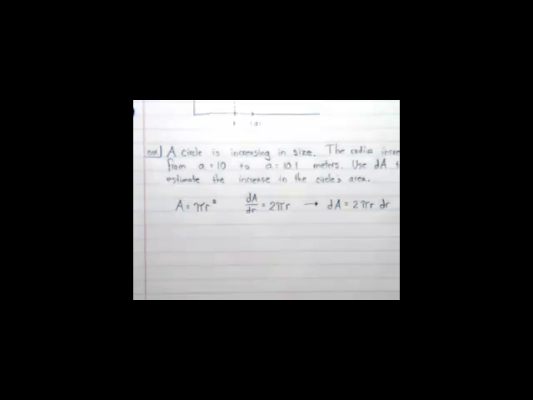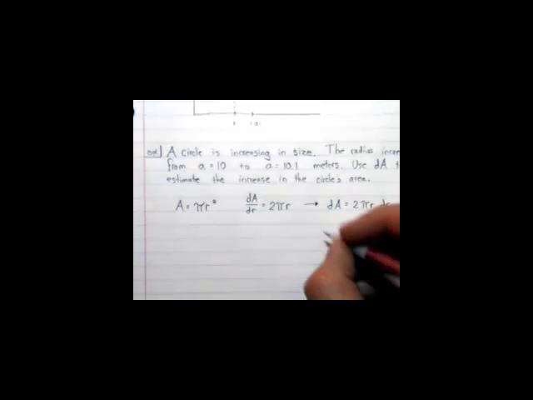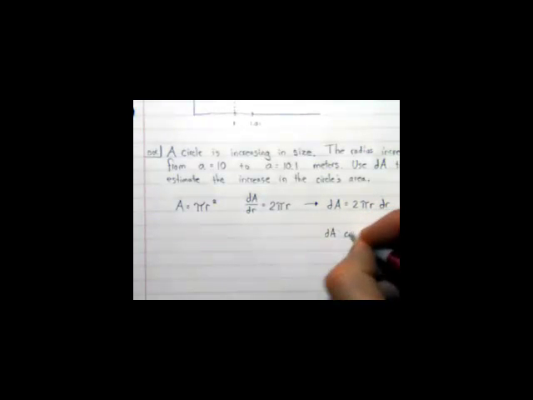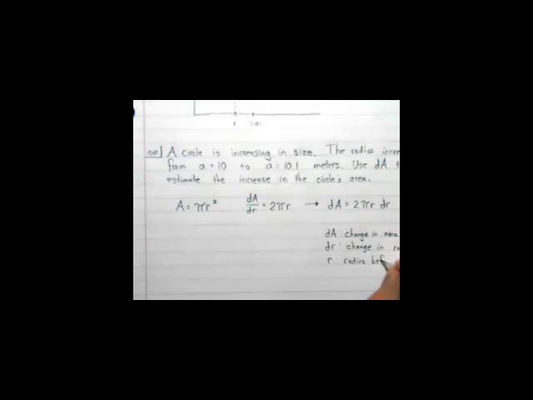Okay, r is the value of the radius when it starts to change, and dr is the change in the radius. And dA is the change in the circle's area. So let's write that down here: dA, change in area; dr, change in radius; and r, radius before change.